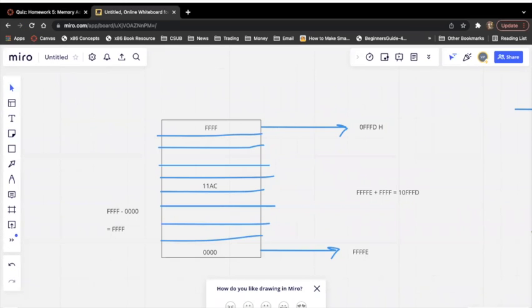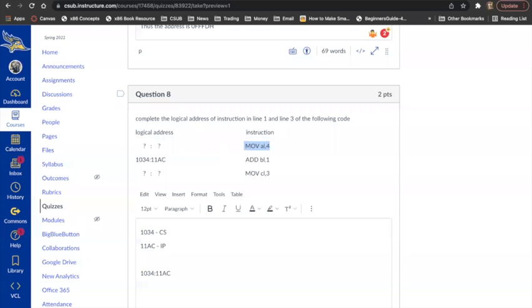Okay, let me collect my thoughts to explain this better. Let's think of it like this. We know that the code segment is 1034, and chances are the code segment is going to stay the same because these instructions are moving something to the AL register, which is the lower 8 bits of AX.